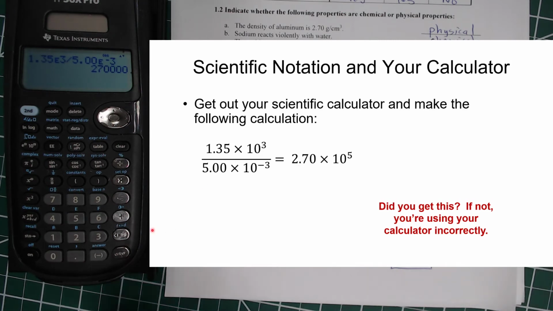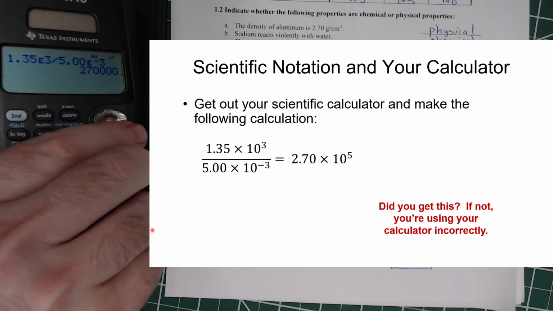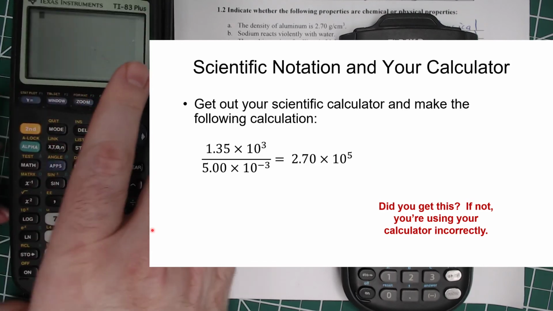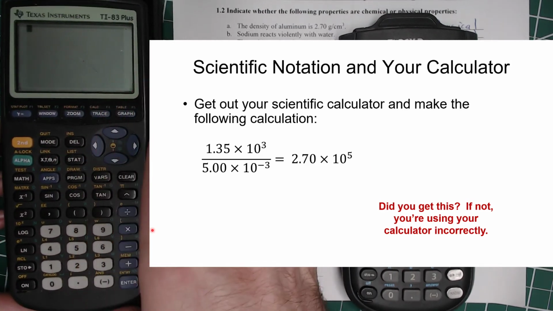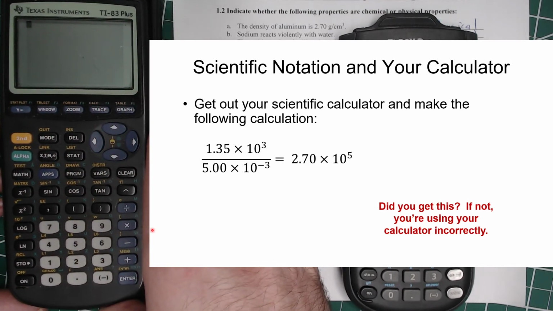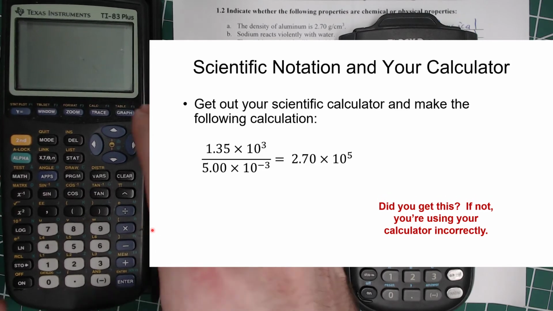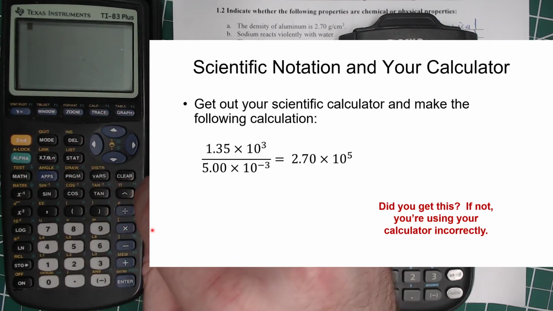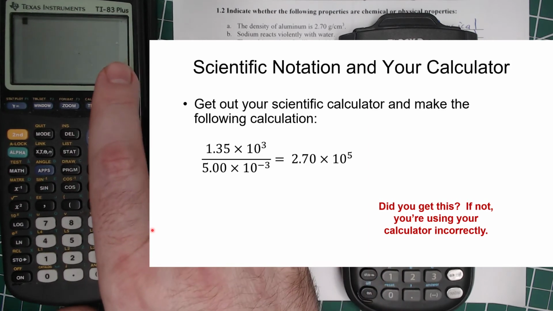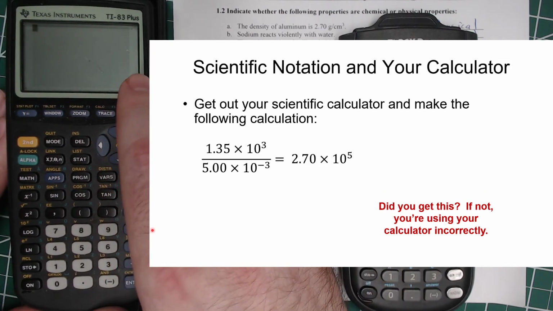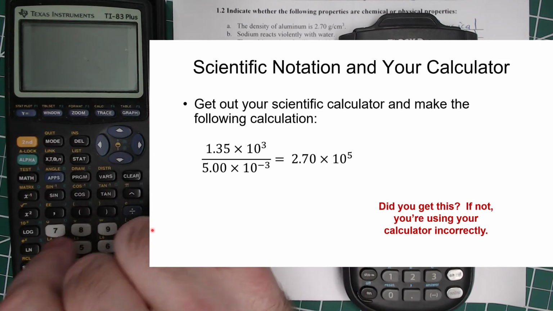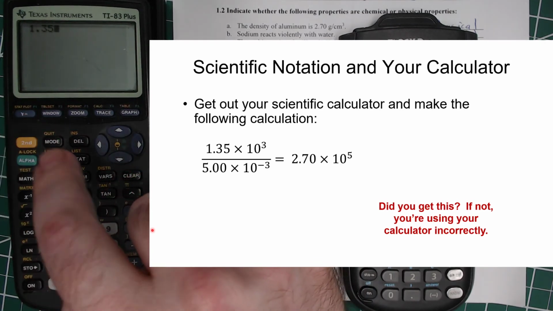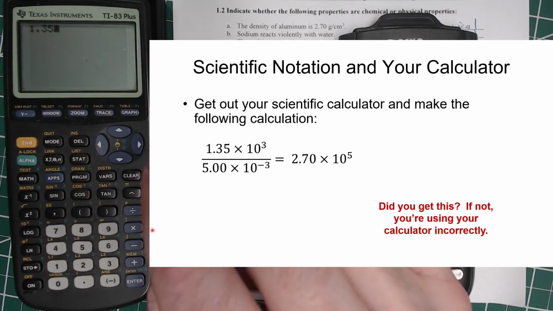So I've got another commonly used calculator. I'm going to switch out my calculator just real briefly here. This is the TI-83, and many of you have either the TI-83 or the 84. Since you have that calculator, I want to show you how to do it on this one. I don't have any of the Casio calculators, so I'm just going to do it on this one. 1.35, and it doesn't have an EE button directly.